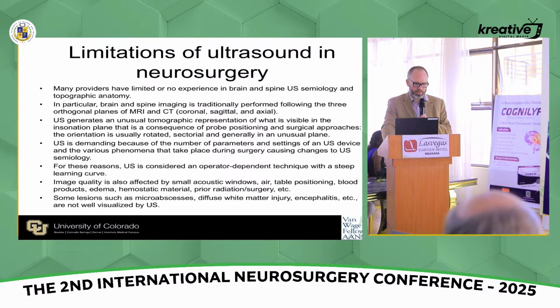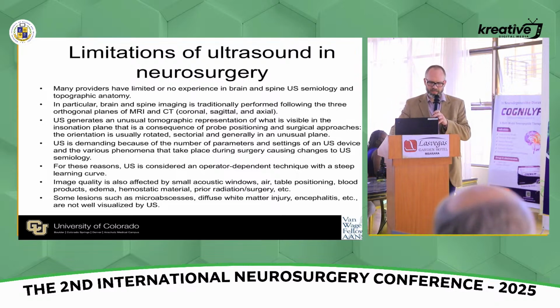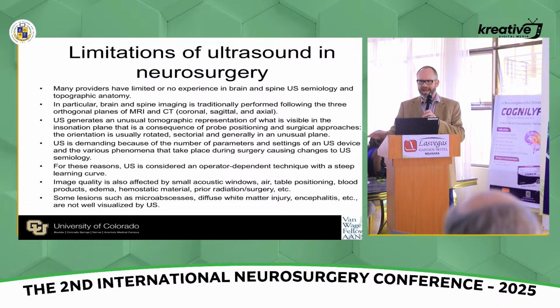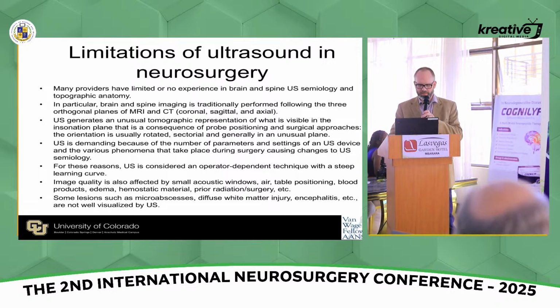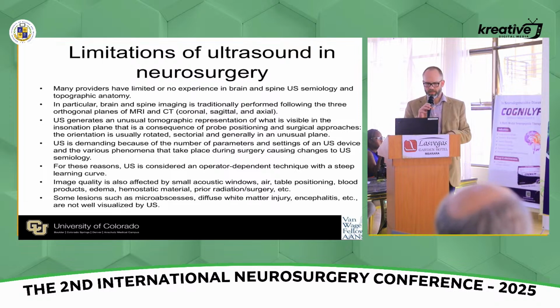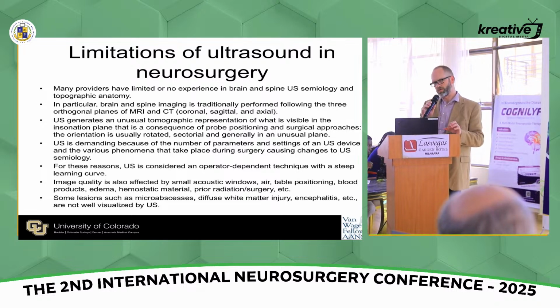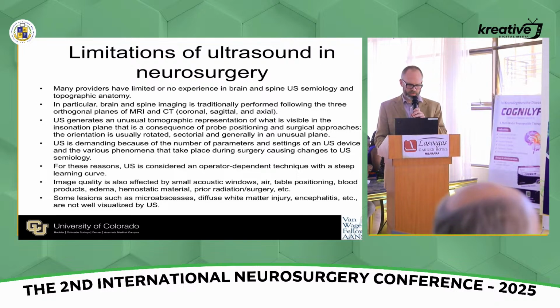So if we talk about positioning for the ultrasound, you need enough space so that the ultrasound device can be next to you at the operating table. The touchscreen monitor and keyboard either need to have a sterile drape over them or have someone who knows how to use it next to it controlling the buttons.